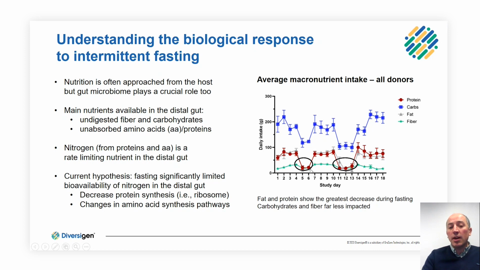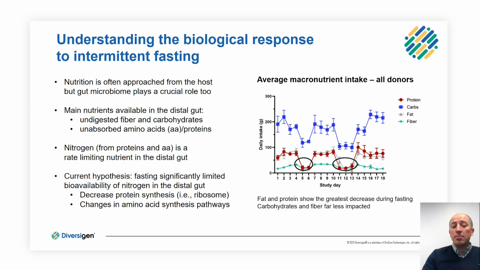Based on what we know about what colonic bacteria utilize for metabolism, our current hypothesis is that the fasting severely restricted the bioavailability of nitrogen and amino acids in the distal gut, and that's what trickled down and caused a decrease in protein synthesis pathways and changes in the amino acid synthesis pathways.